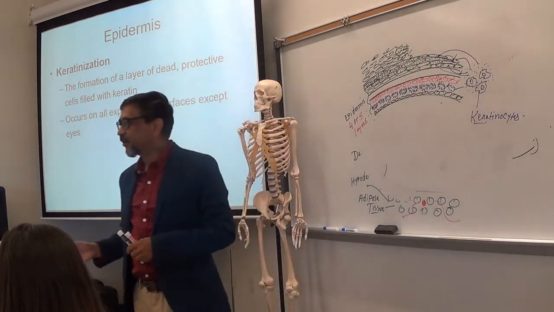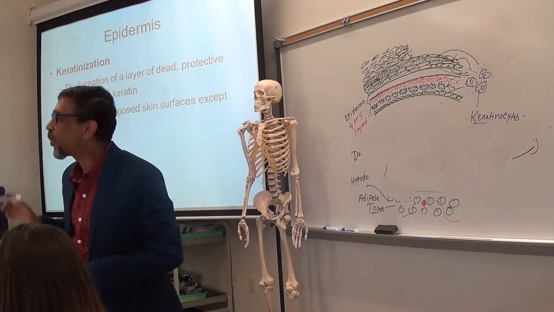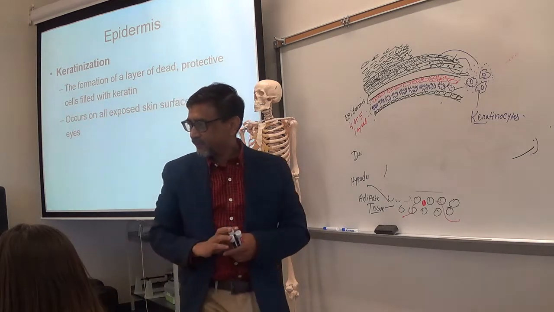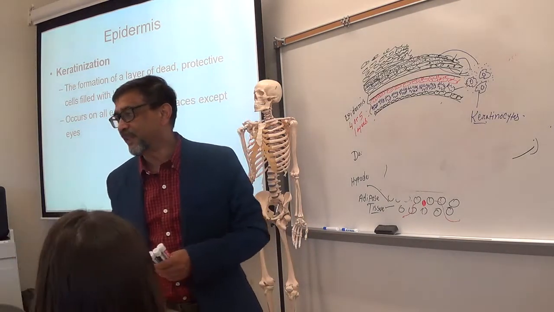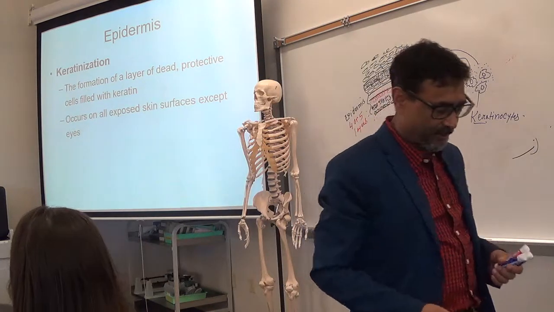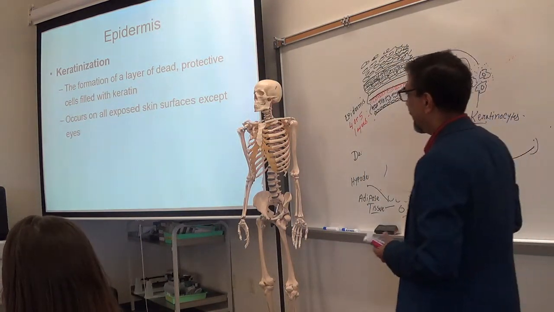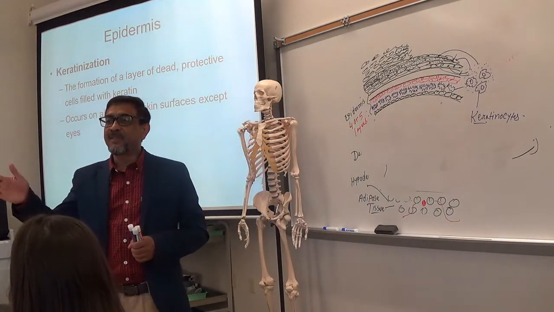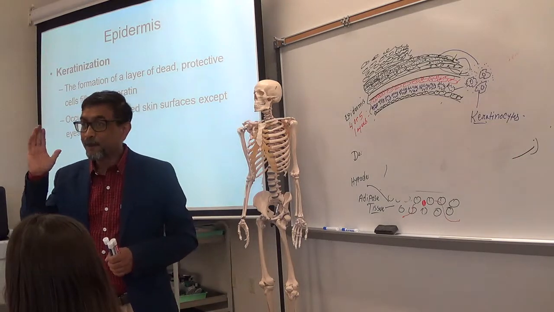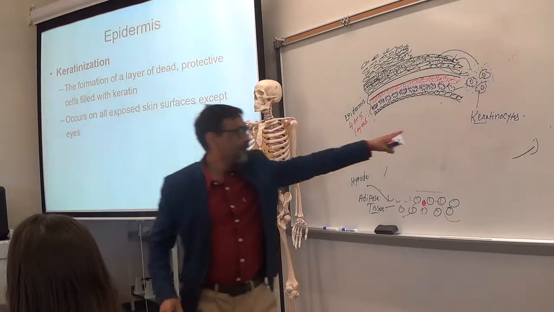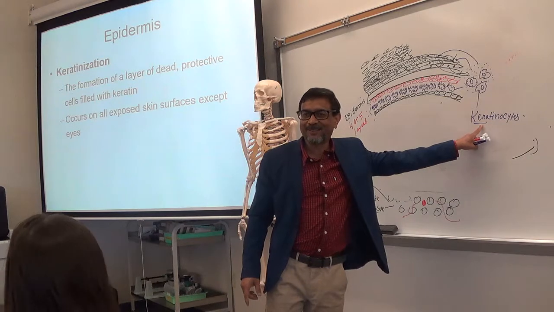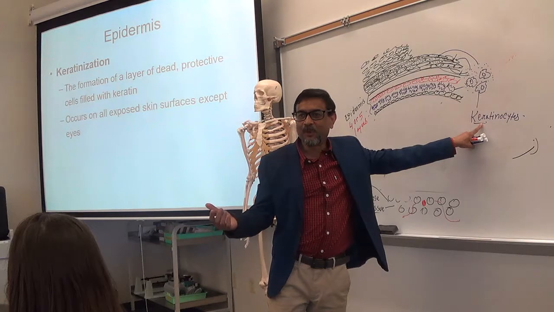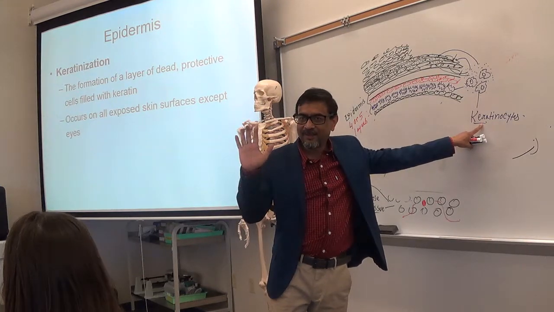The process is called what? Keratinization. Yes. Keratinocytes are present in spinosum, in the inner part of the epidermis. Okay. So if I ask you, keratin producing cells are called what? Keratinocytes. Okay, their name is keratinocyte, right? So they produce and secrete keratin. Is it clear?